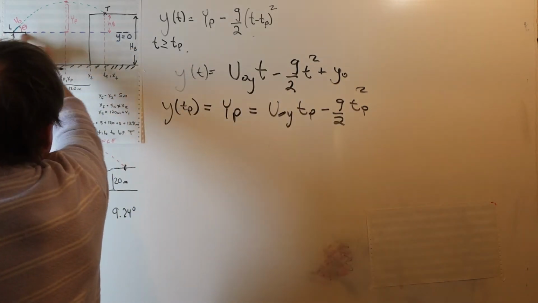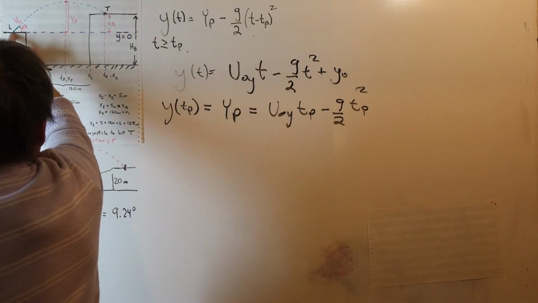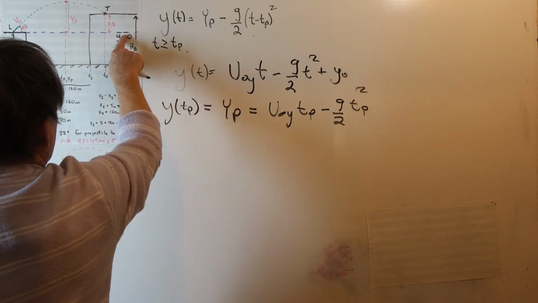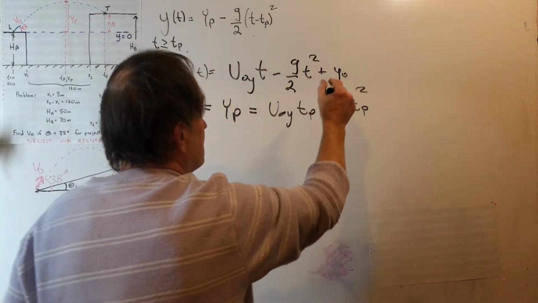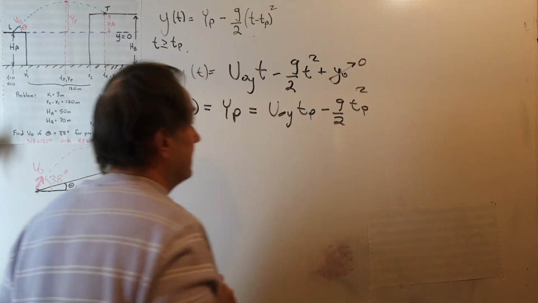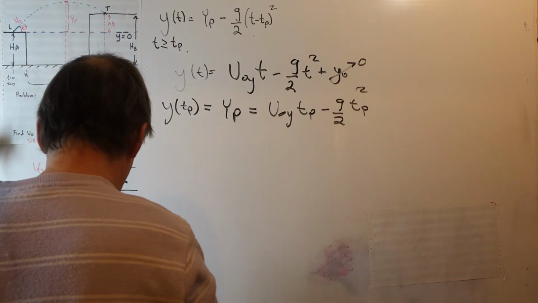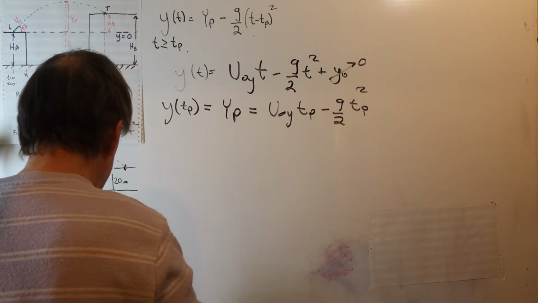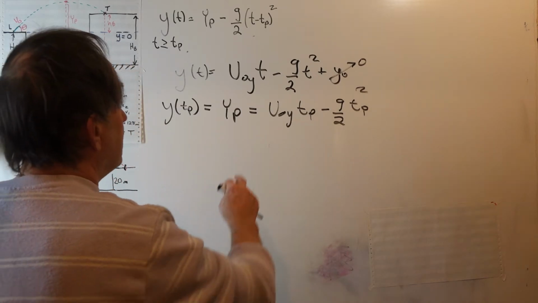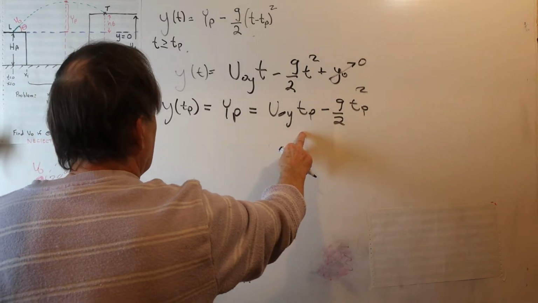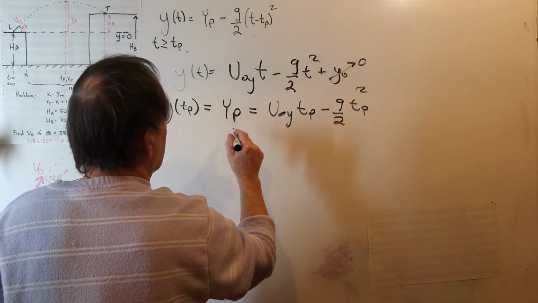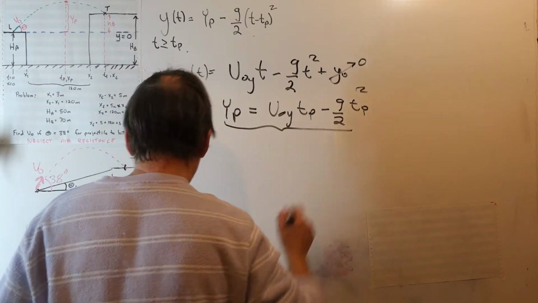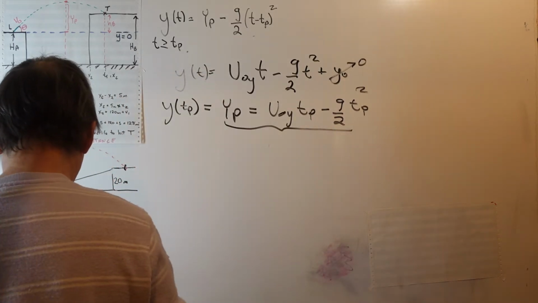Well, we established our coordinate system, so the projectile starts at y equals 0. So the initial position is 0, so we don't have that part of the term. Now, y peak then is equal to this. Okay, that's our equation for y peak.